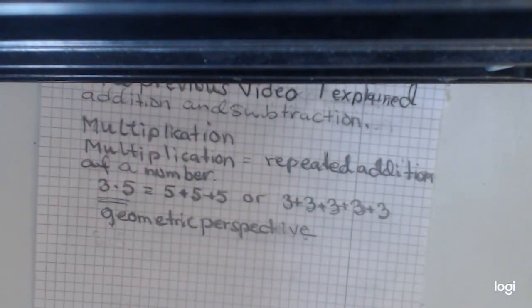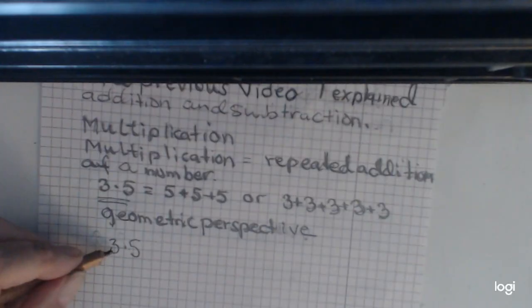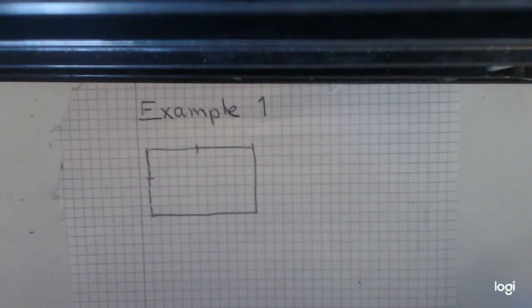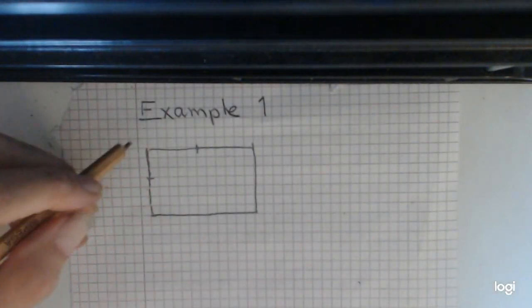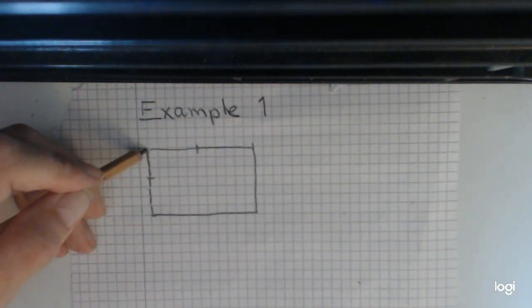Now, how do we see a multiplication in geometric terms? Sides of a rectangle. We have here a rectangle.